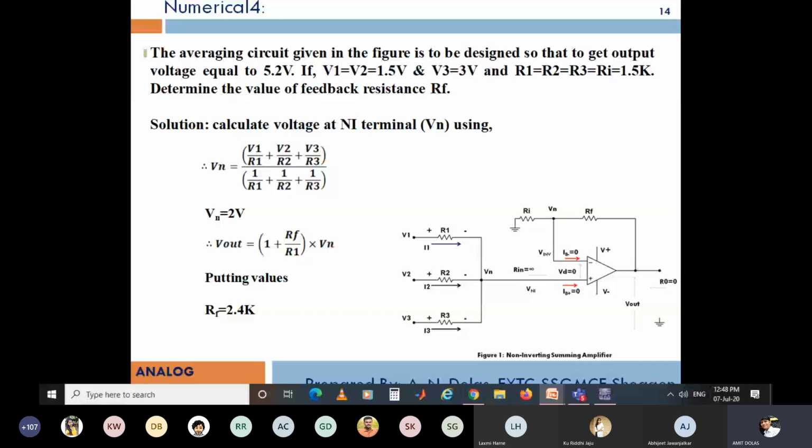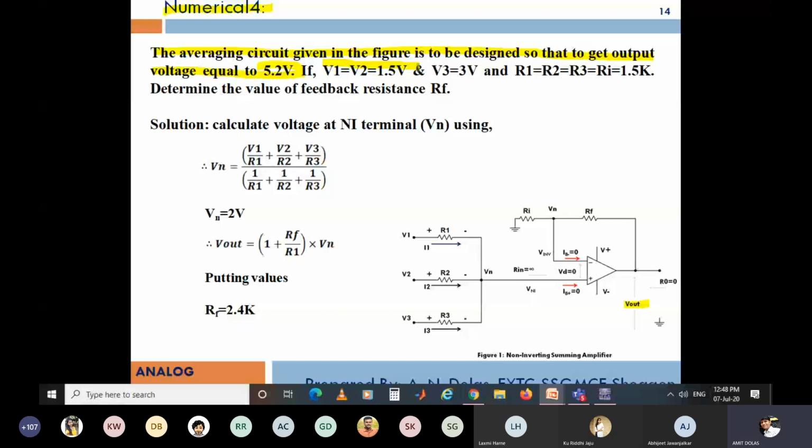So what is the numerical? The averaging circuit given in the figure is to be designed so as to get output voltage equal to 5.2 volt. Here it is given the reverse: how much output is required in this circuit? In this circuit output required is 5.2 volt. V1 and V2 are given, which is 1.5 volt.